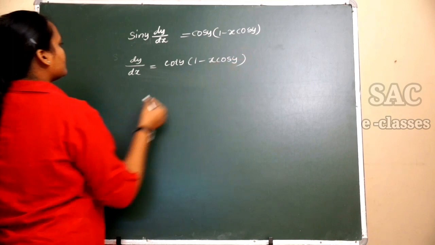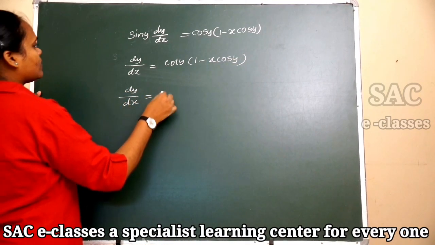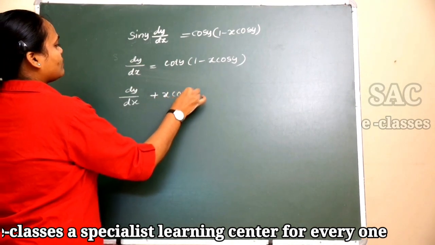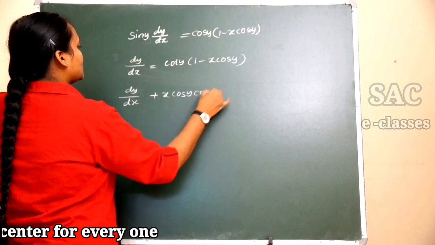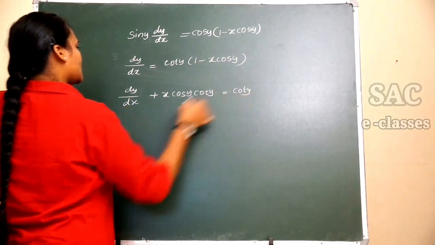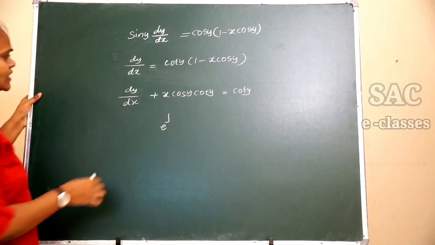To simplify this, dy by dx plus x into cos y into cot y is equal to cot y. Let's find the integrating factor for this one here.